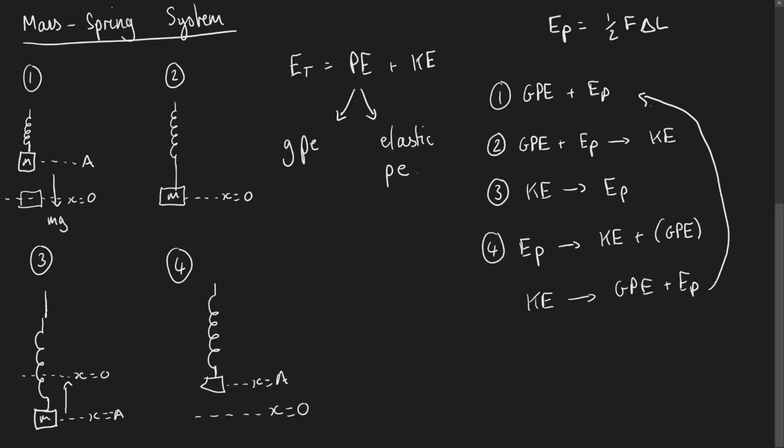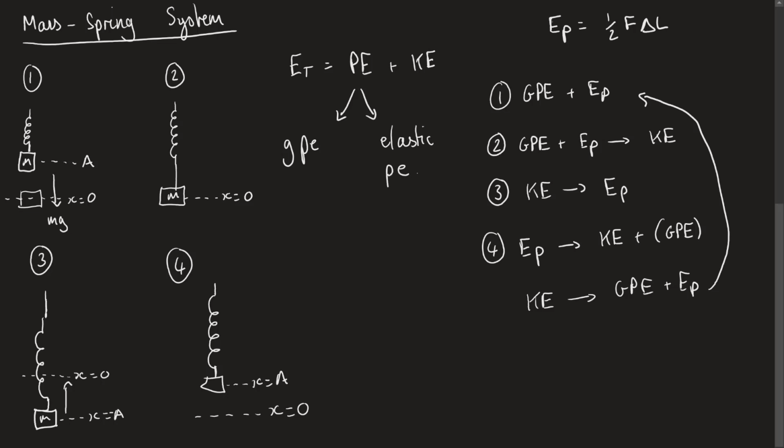So just to reiterate everything, because that can get a bit confusing. At the top point here, we have the maximum gravitational potential energy, and we also have some elastic potential energy. As soon as it starts to fall, it's obviously going to increase its velocity, so its kinetic energy increases. And when it gets to x equals 0, because we no longer have any extension, the elastic potential energy is 0.